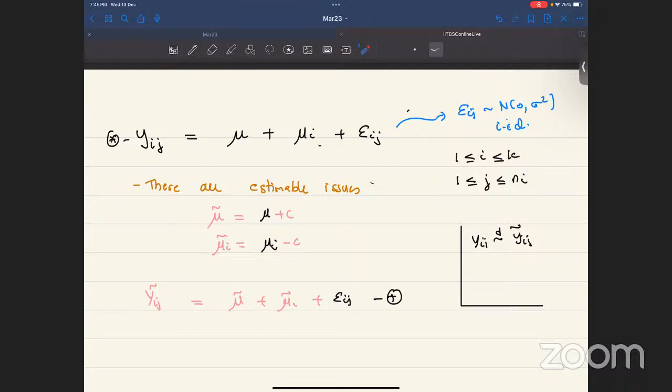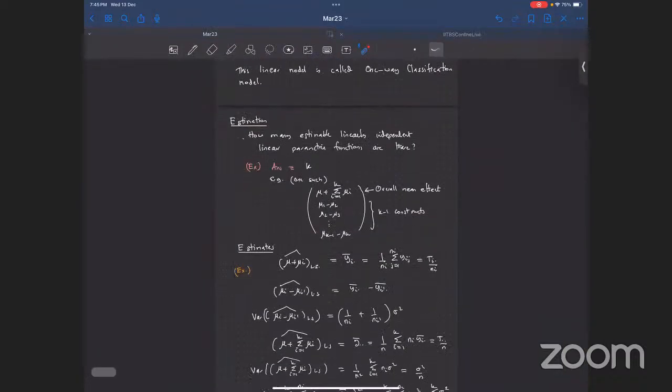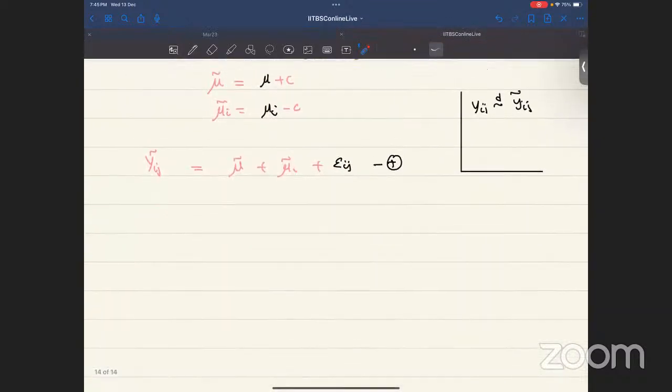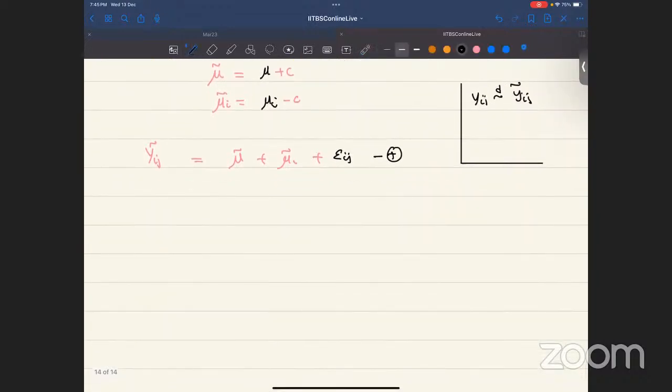That's why in this exercise, I had given things that I could estimate from this model, the identifiable parameters. So you cannot estimate all parameters.